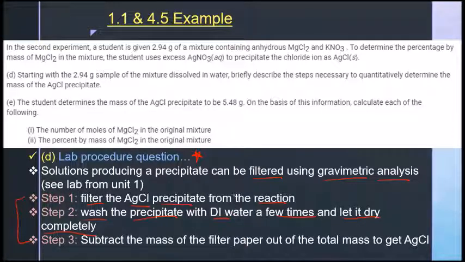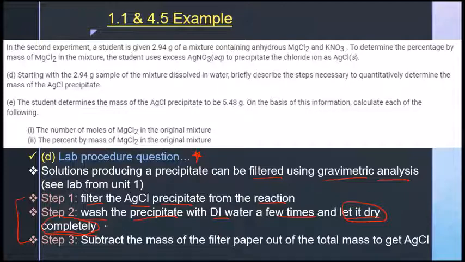To make sure none of the other ions stay behind. Some of them could attach to the precipitate or the filter paper. So you want to keep washing them through to make sure they're not adding to the mass. Exactly right. Once you've finished washing it, you need to let it dry completely. Why do we need to let it dry completely? What would happen if you don't? What would also be in there adding to the mass?